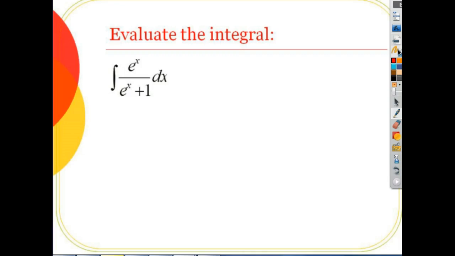Because when you try to replace the dx with du, when you take the derivative, the 1 just goes away. Exactly. So I need to include that so that I get e to the x plus 1, and du becomes the derivative of e to the x plus the derivative of 1, which is 0, so it kind of clears itself out.